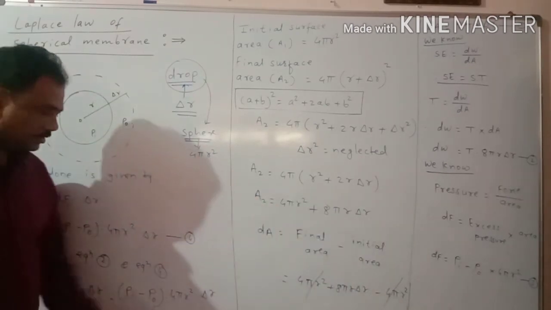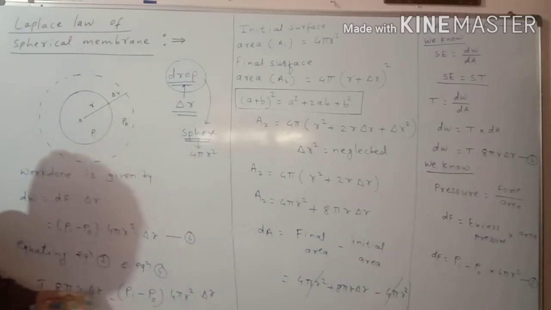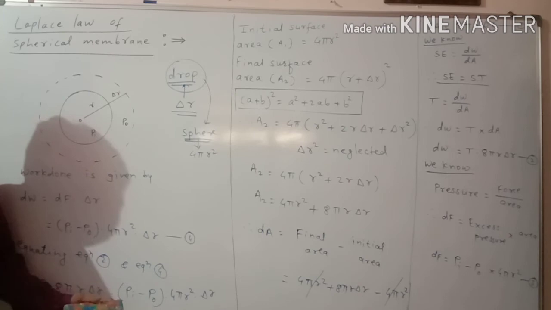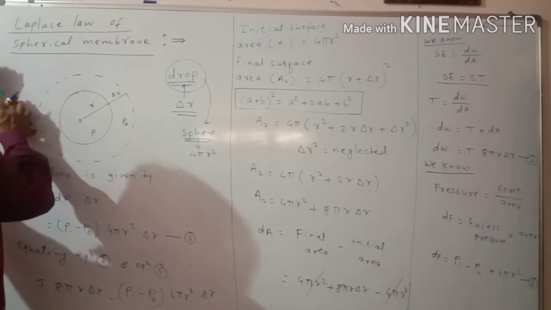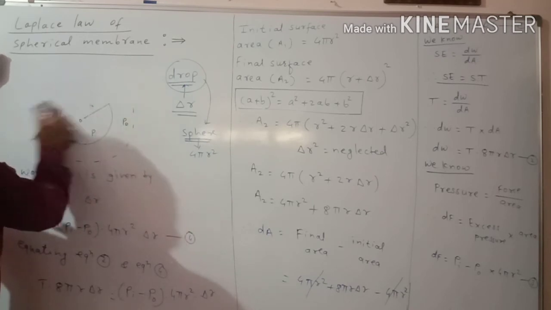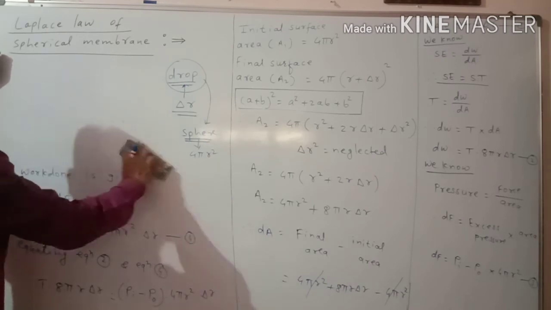From this equation we have to calculate the excess pressure, and excess pressure is here Pi minus P naught.